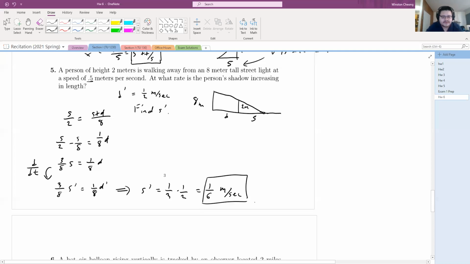Let me double check everything since it seems I didn't match my previous round of doing this. Yeah, this should be right.